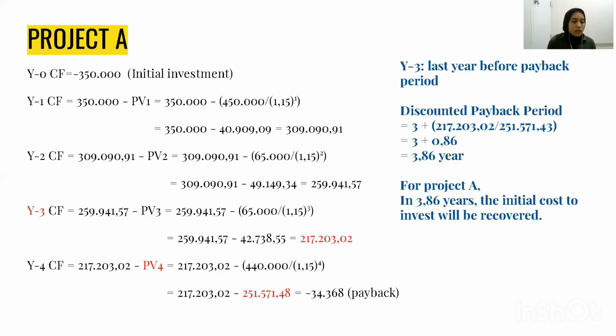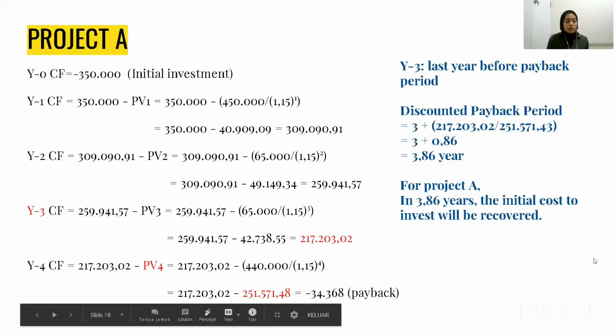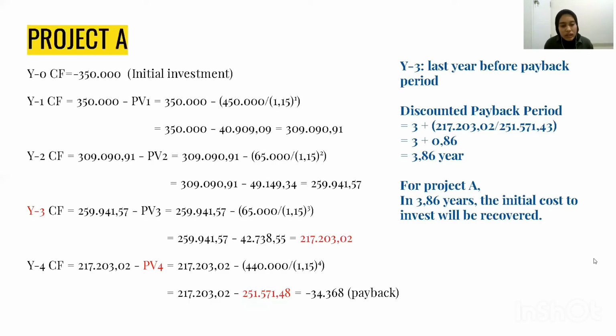And we're looking at year 4, the fourth year after the investment. We have 217,000 minus the present value in year 4, and it is equal to 217 minus 443,000 divided by 1.15 to the power 4.